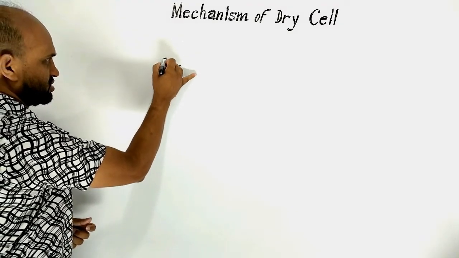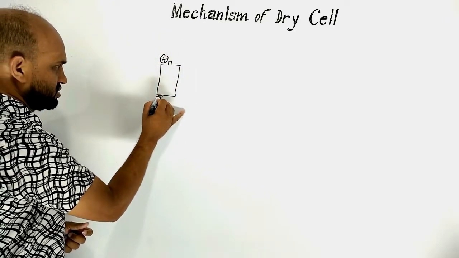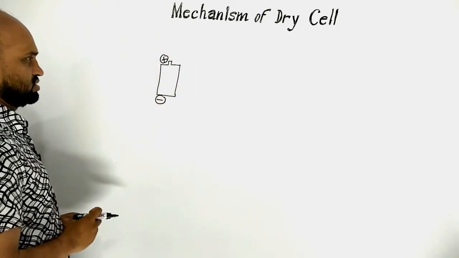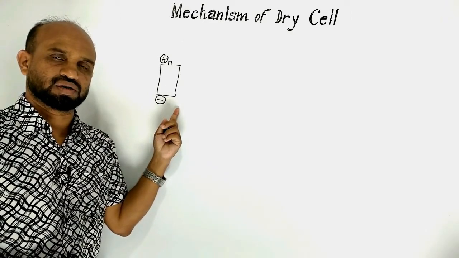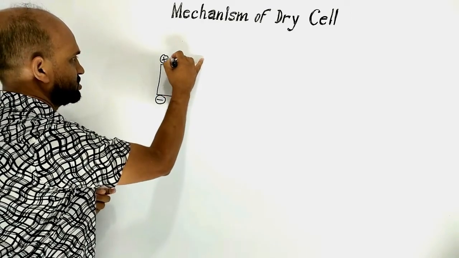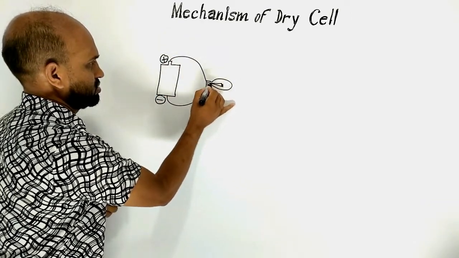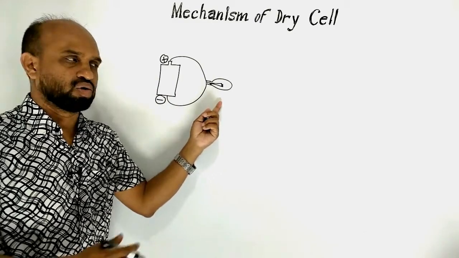This is its positive end and this is the negative end. When these two ends are connected with a bulb like this, then this bulb will glow.